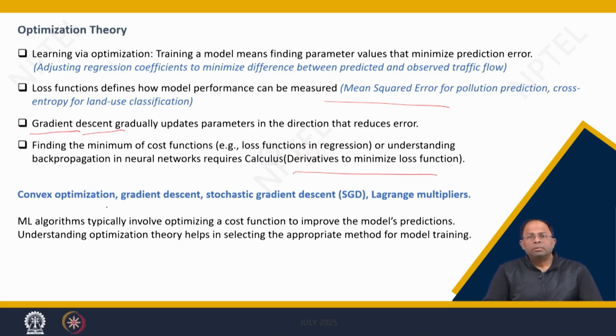So within the domain of optimization theory, you will come across terms like convex optimization, gradient descent, stochastic gradient descent, Lagrange multipliers. These are all terms which we can utilize while developing machine learning models, and we will learn those as and when required. So machine learning algorithms typically involve optimizing a cost function to improve the model's predictions. Understanding optimization theory helps in selecting the appropriate method for model training.